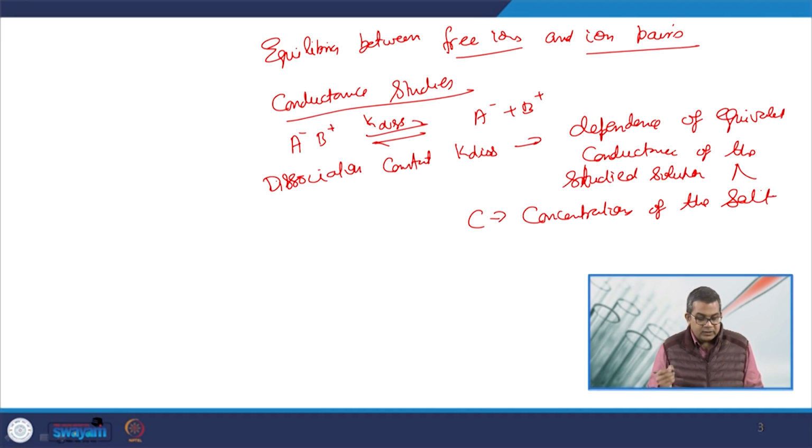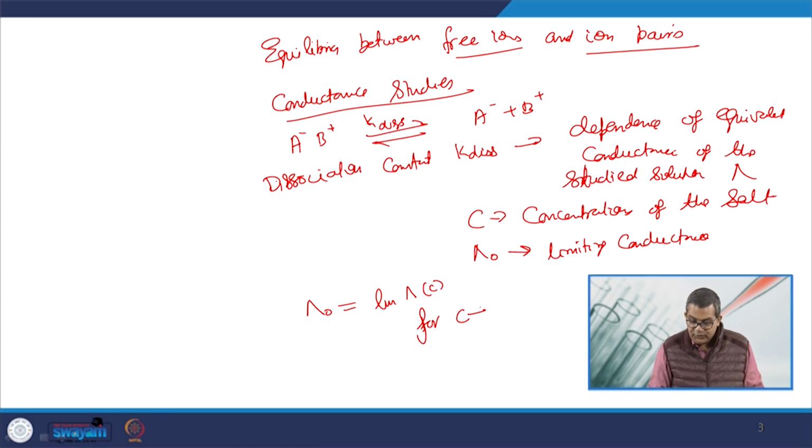This is in conjunction with the values of the limiting conductance, which is mathematically represented like this, for C tends to 0.